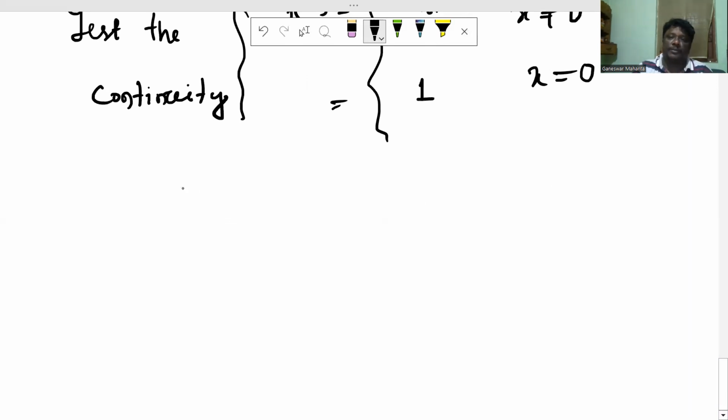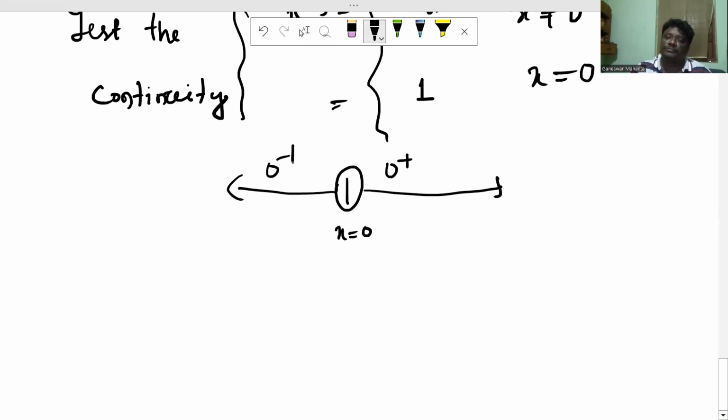First, the left hand limit. We can choose the point x is equal to 0. When we move right, that means 0 plus. When we move left, that means 0 minus. We have already discussed the left hand limit process: limit h tends to 0 of f of a minus h.